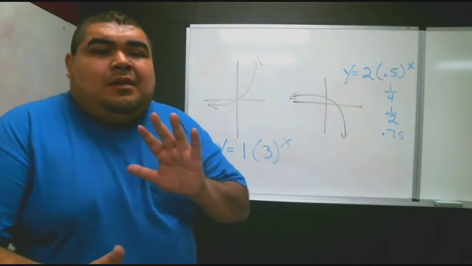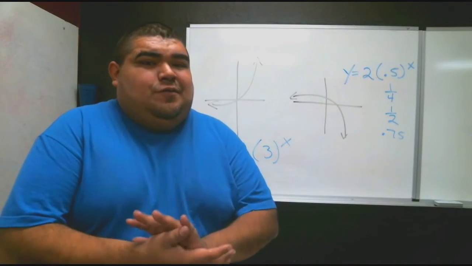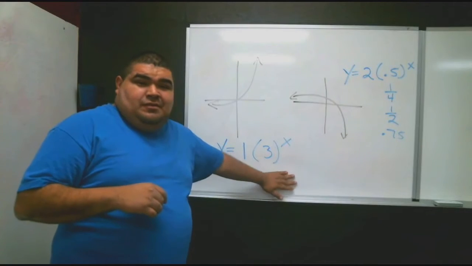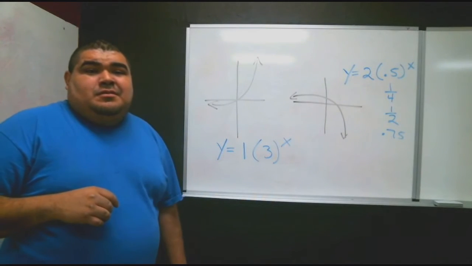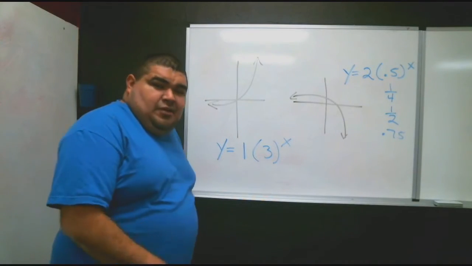All right. So for your assignment for today, are you guys ready for it? Make sure you write down everything I wrote on the board in your notes. Do you have it in your notes?